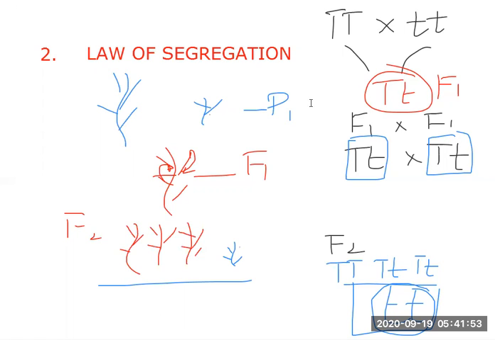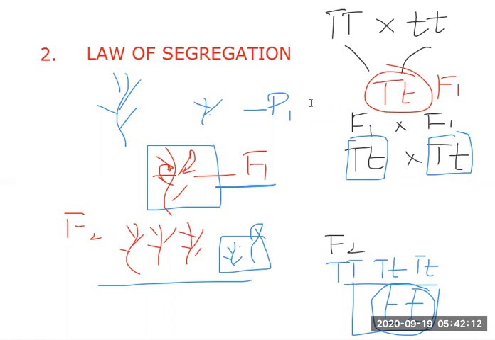No problem with the tall plants, but how does a dwarf plant appear, when there is no dwarf plant in the F1 generation?